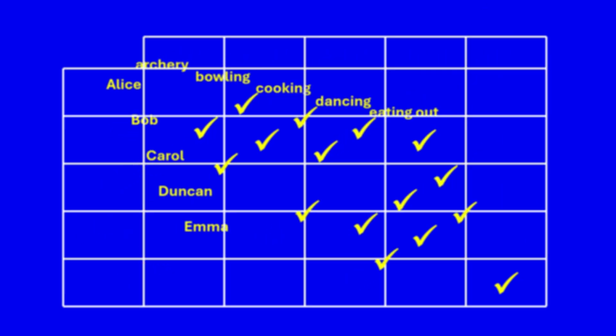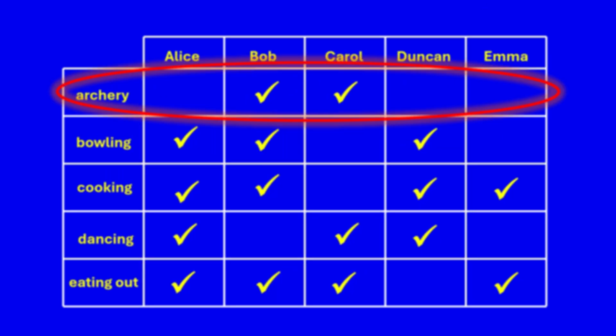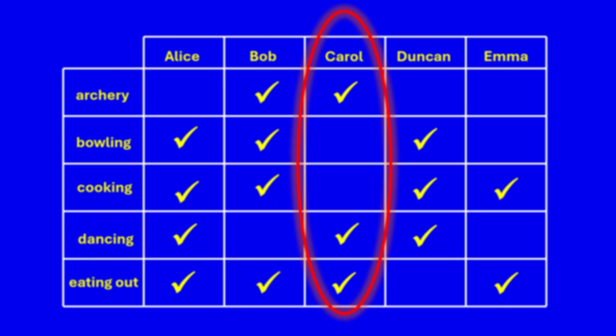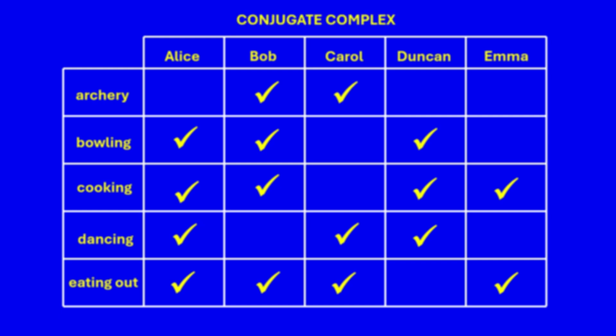But we can invert this and regard the interests as the simplices and the people as the vertices. This gives a different complex, the conjugate complex, and we can analyze its structure in the same way, giving rise to an alternative set of insights into the structure of the system.